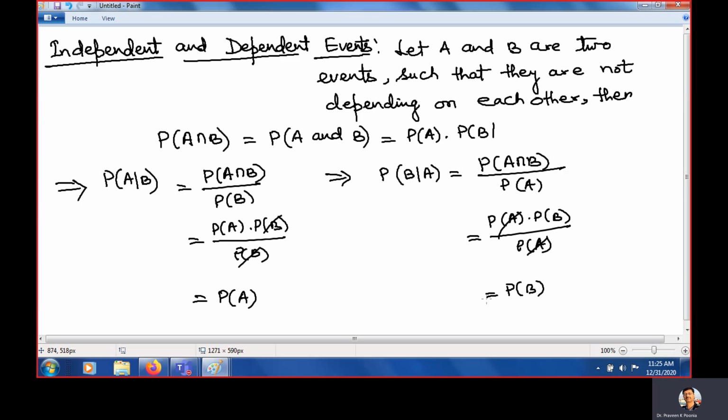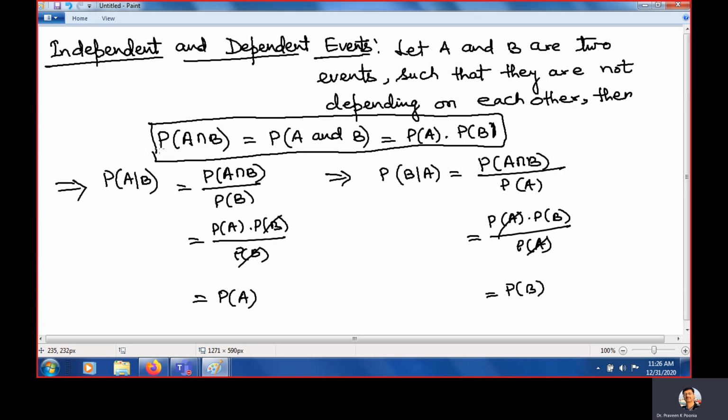Clear? So two events will be independent if their intersection is equal to the product. This is a very important condition.